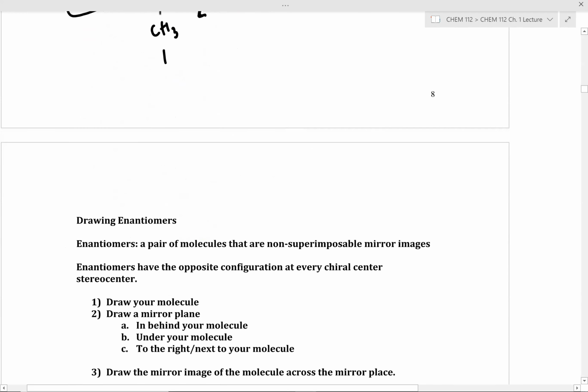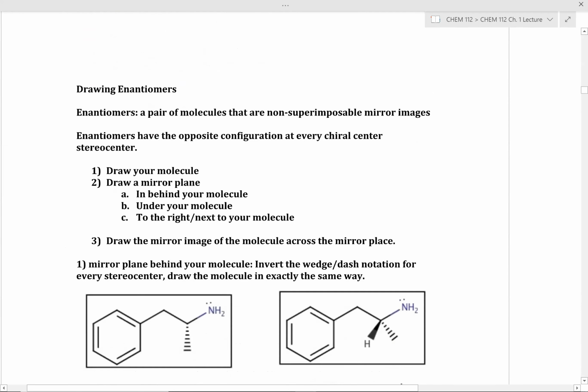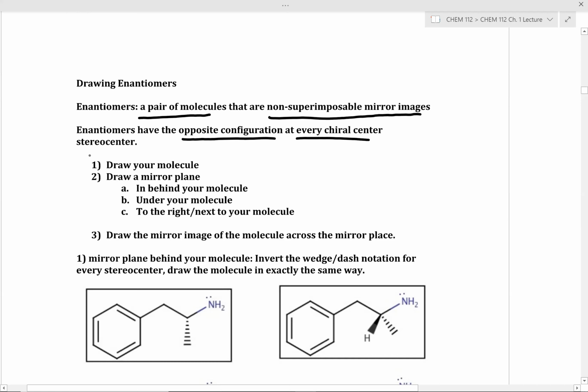Okay, so let's keep going now and let's talk about drawing enantiomers. So enantiomers are a pair of molecules that are non-superimposable mirror images. Enantiomers have the opposite configuration at every chiral center stereocenter.